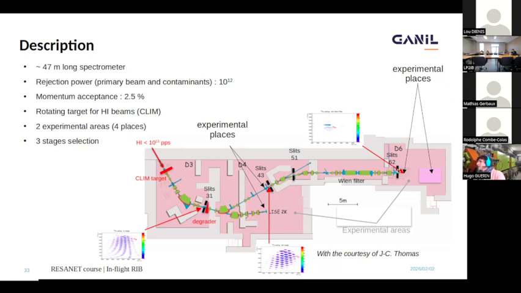And with the use of the slits and VIN filter, you are able to have really few ions at the end of the beamline in D6. So a good purification. In fact, the rejection power of the LISE spectrometer is up to 10 to the 12. And it's a 3 stages selection because of the adding of this VIN filter: the first one, the second one with the wedge, and the third one with the VIN filter.